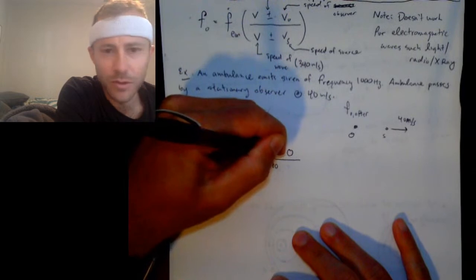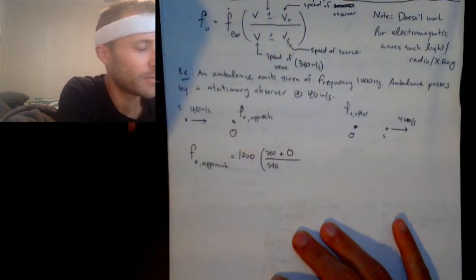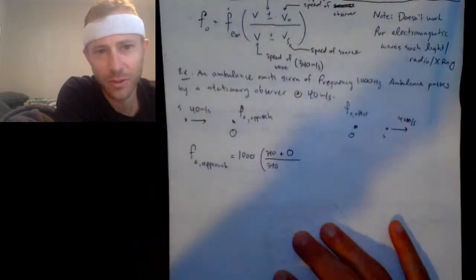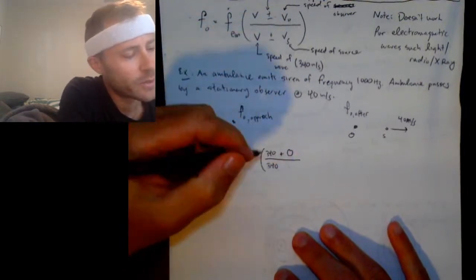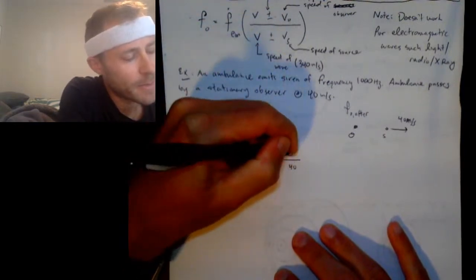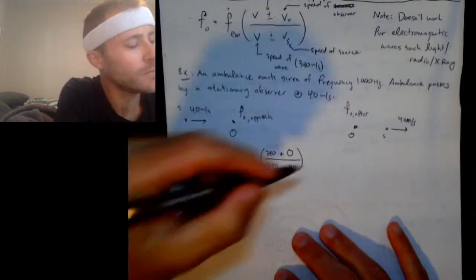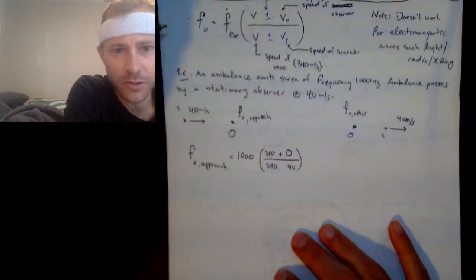For the numerator, it doesn't matter which sign I choose. So I'll just choose plus, because whether you add 0 or subtract 0, you get the same answer. The speed of the source is 40. And then we're going to choose the sign in just a second.